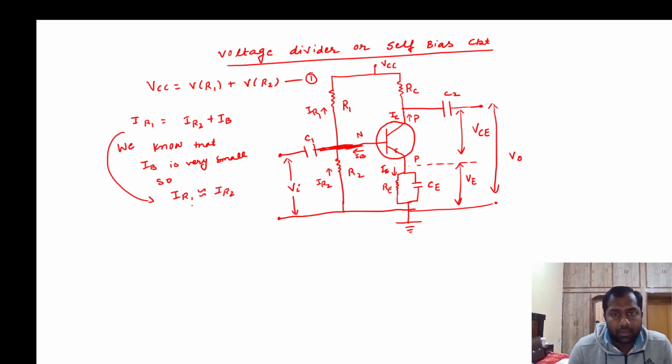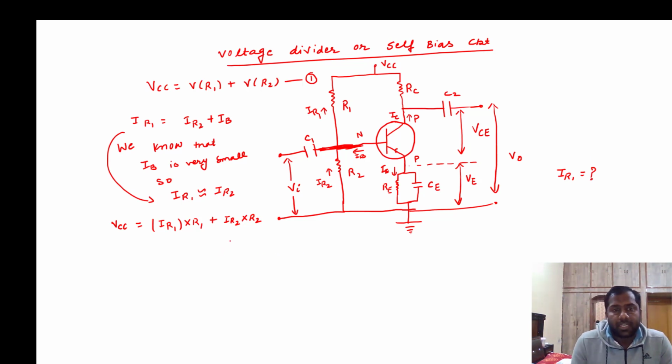So recalling equation number 1, I can write VCC is equal to VR1, the voltage across R1, plus the voltage across R2. So what is the voltage across R1? This is simply IR1 into R1 plus IR2 into R2. Clear? So if we want to calculate the value of the current, we will find the value of current IR1.